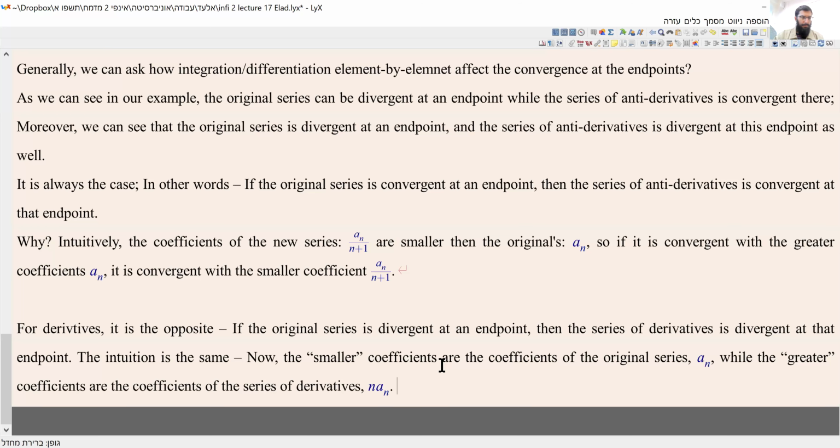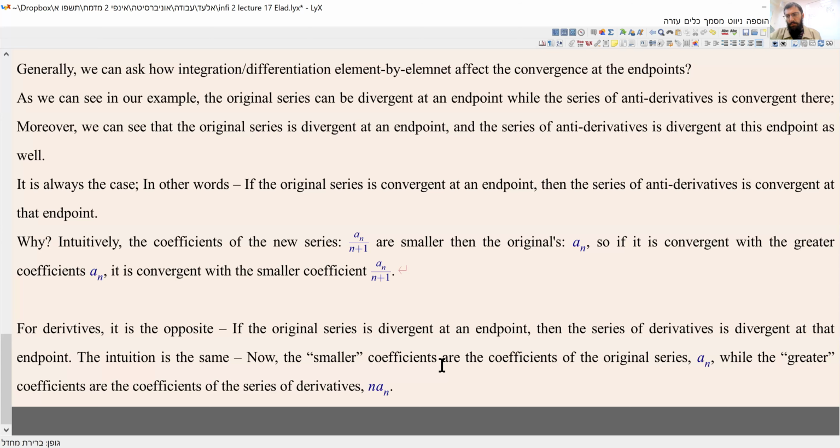Now let's say it again out loud. What is not written here? If we start with a divergent endpoint and we integrate, it can still be divergent, or it can change to a convergent one. When we start with a convergent endpoint and we look at the derivatives, it can still be convergent, or it can become a divergent point.